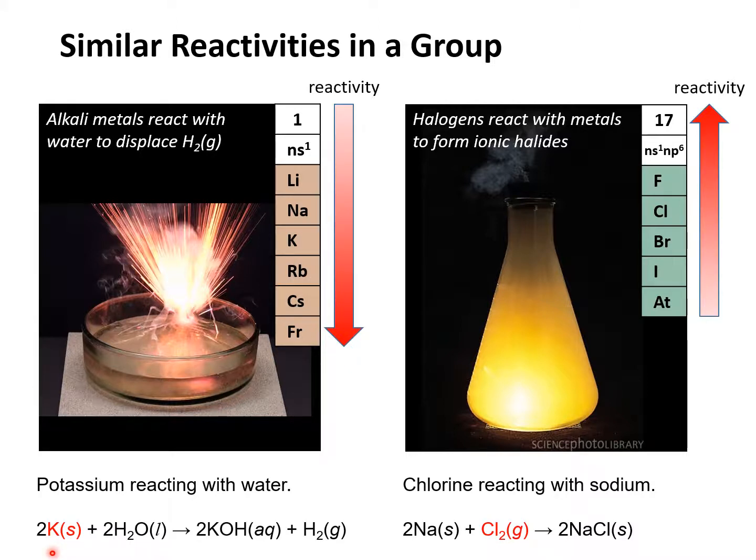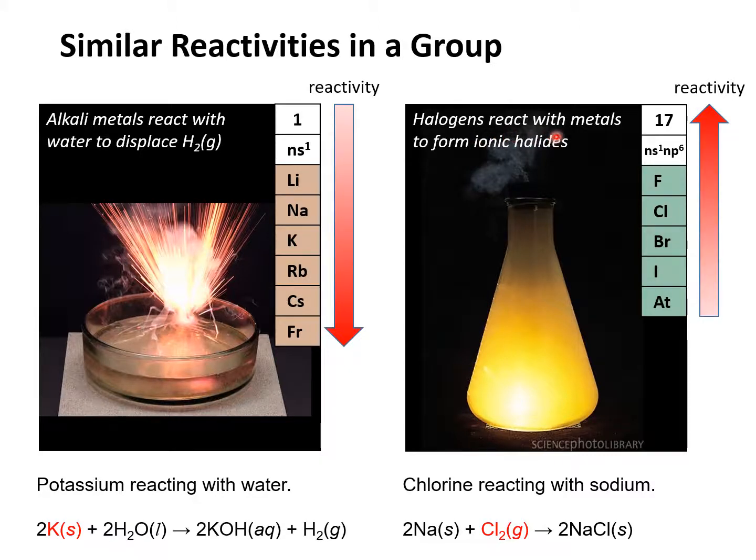In this case, we have potassium metal plus water reacting to produce potassium hydroxide plus hydrogen gas, as shown in the photograph here. So as I mentioned, all the group 1 metals will undergo this type of reaction. The difference is that the reactivity of the reaction will increase as we go down the group.